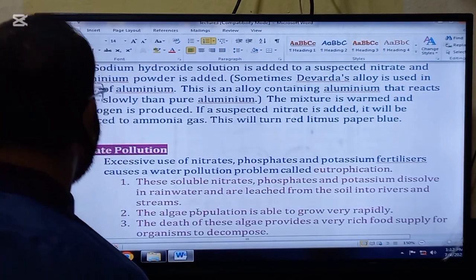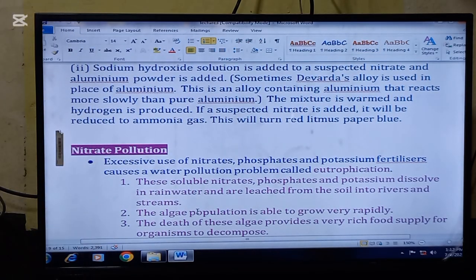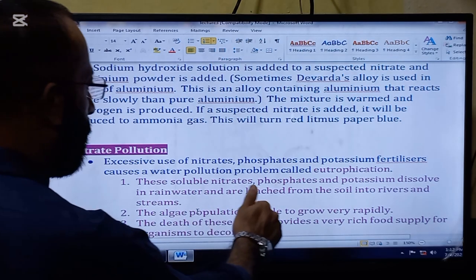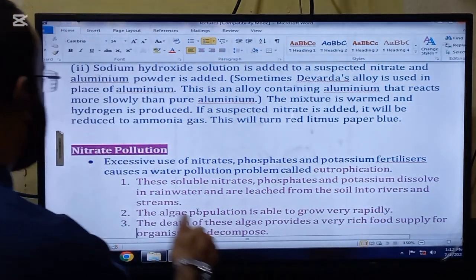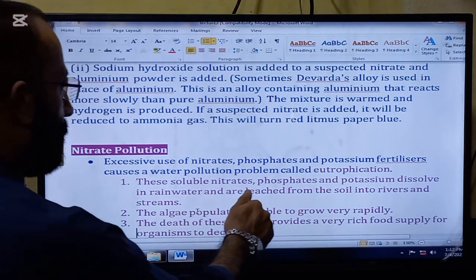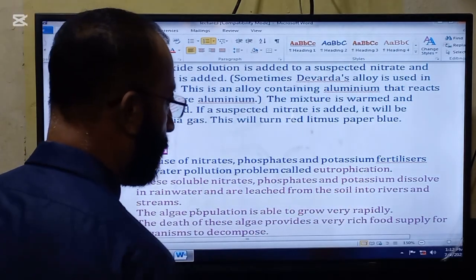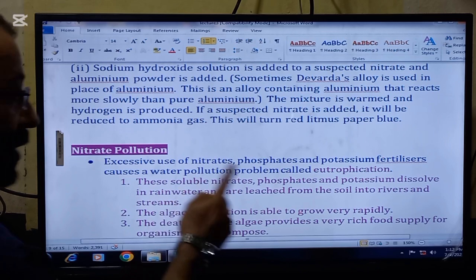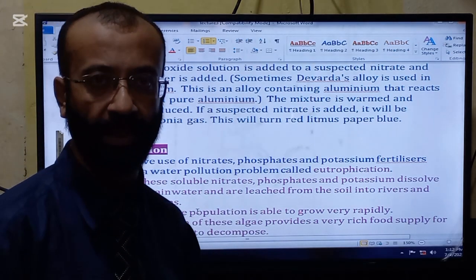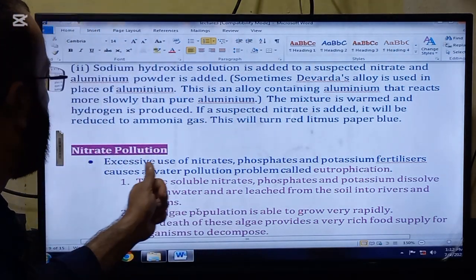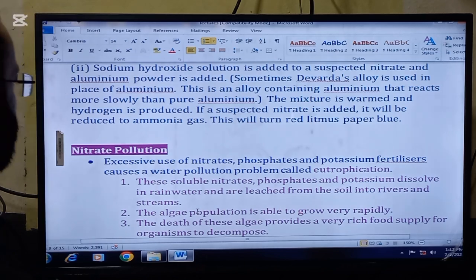The next thing that we are going to read is nitrate pollution. Excessive use of nitrates, phosphates, and potassium fertilizers causes a water pollution problem called eutrophication. This is a very important topic. This frequently comes in the paper. That is called nitrate pollution.